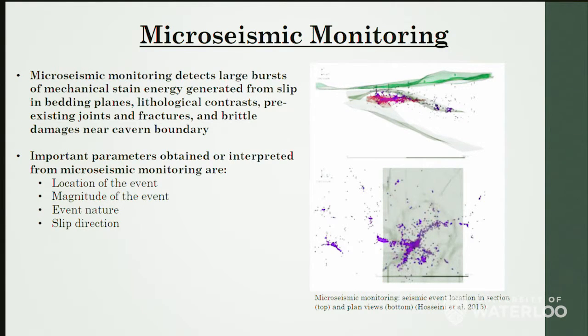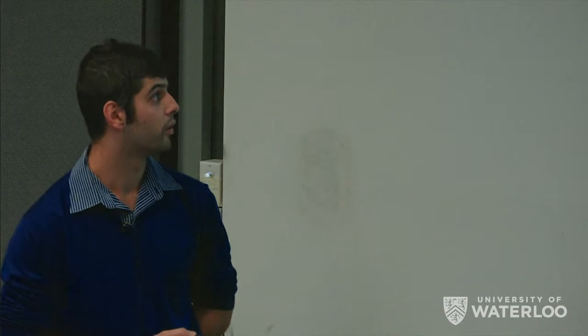If we have microseismic monitoring in place, it can actually detect the warning signs. And if we can detect warning signs days or months before the actual event, then we can prevent the actual event. The important parameters obtained or interpreted from microseismic monitoring are location of the event, magnitude of the event, nature, and slip direction.